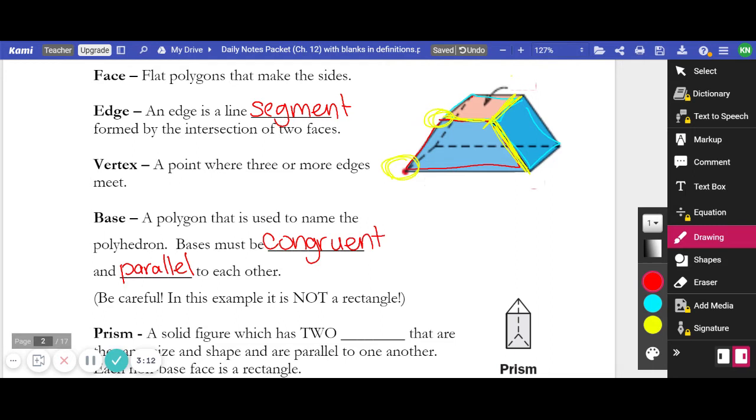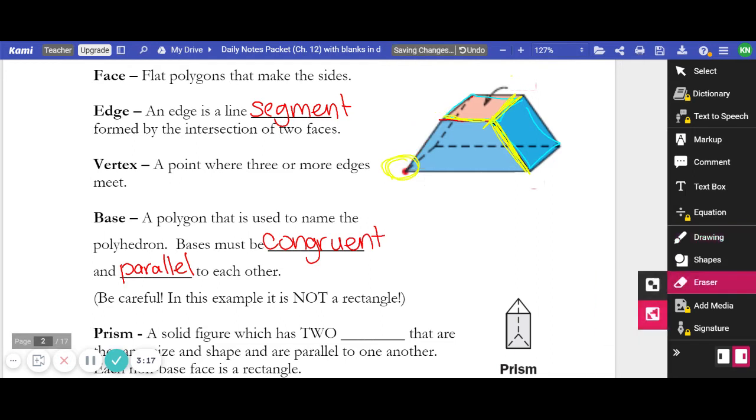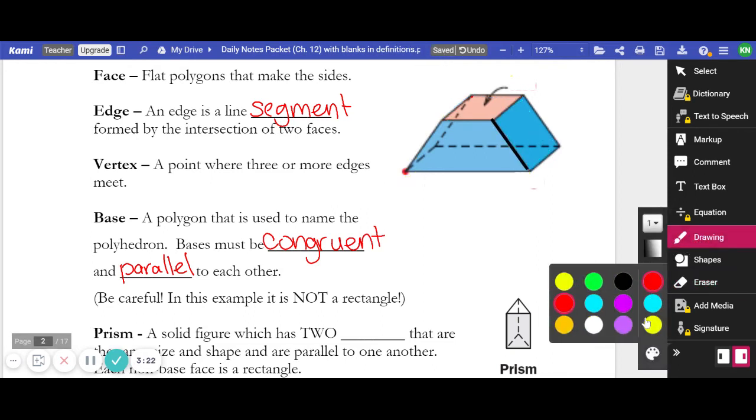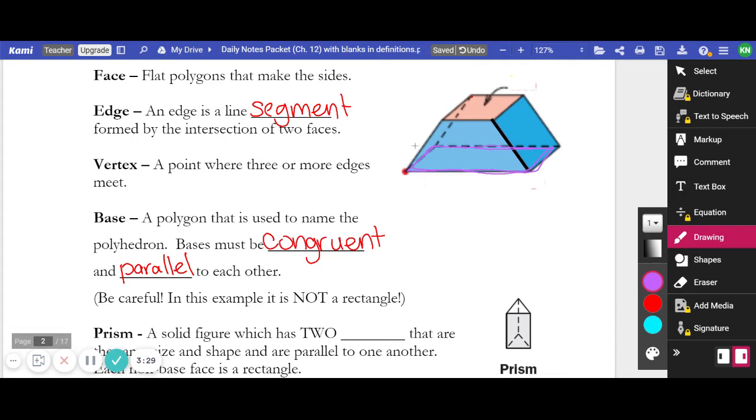In this example, the base is not a rectangle. Many times we're used to thinking the base is the bottom, whatever it is sitting on. And when we look over here, sure enough, it is sitting on this rectangular space. But that is not the base, because there is not another one of those rectangles that is congruent to it and parallel to it. The one that's parallel is up here, and it is very much smaller. So this is not a base.